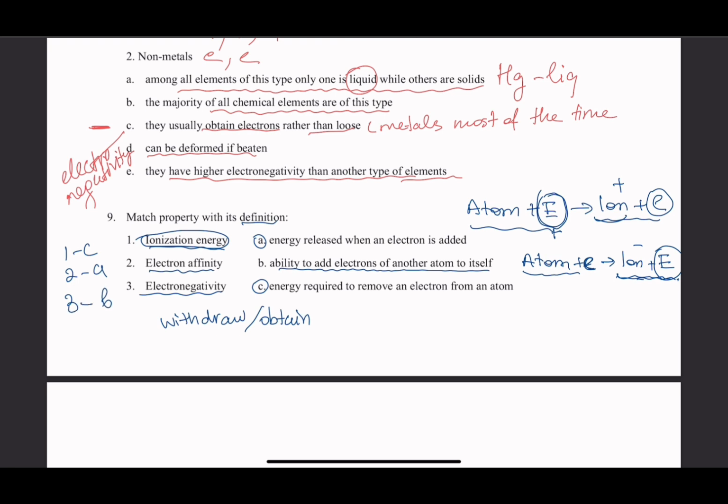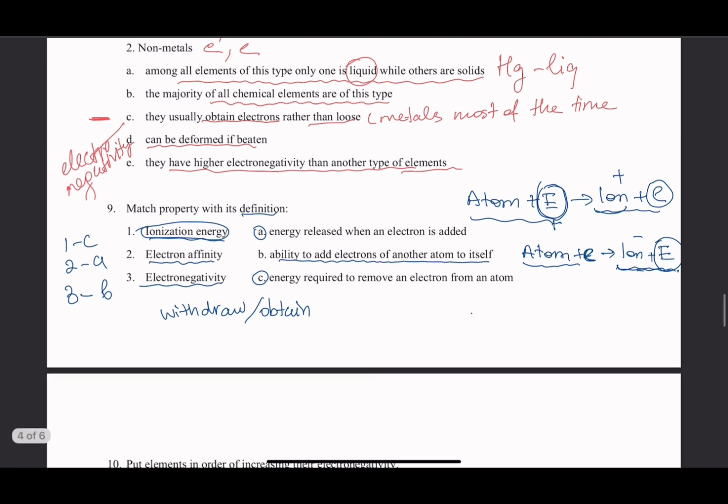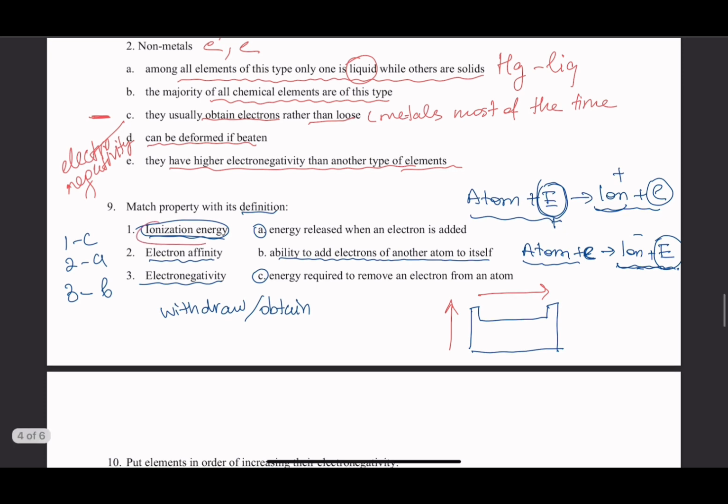Okay, I want to show you the trend, and I want you to be able to memorize this. We have talked that electronegativity increases as you go from bottom to top and left to right. This is the same for ionization energy and electron affinity as well.